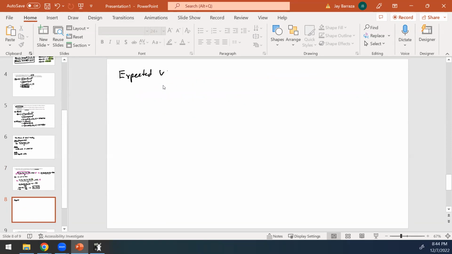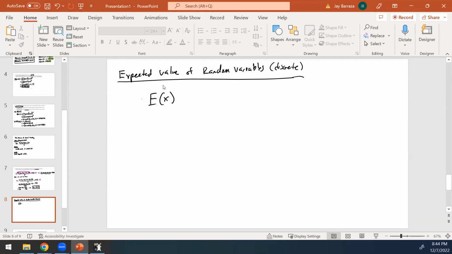Expected value of a random variable, specifically discrete, but it's all the same. The mean, or the expected value, which we call mu, is equal to the sum of each value of the random variable times its probability.